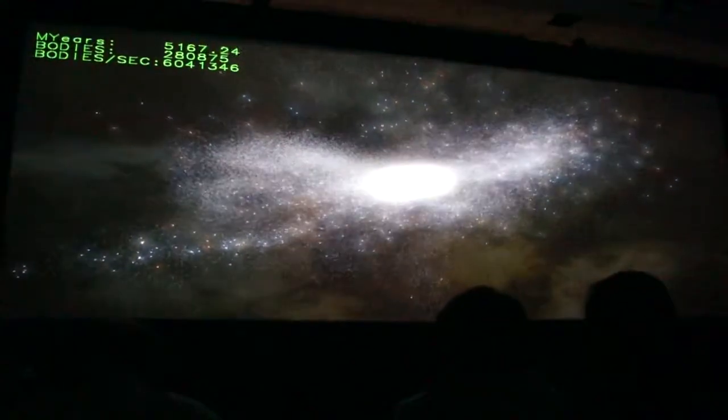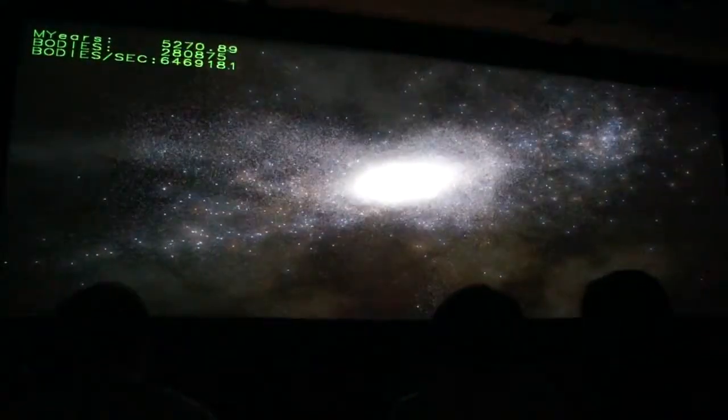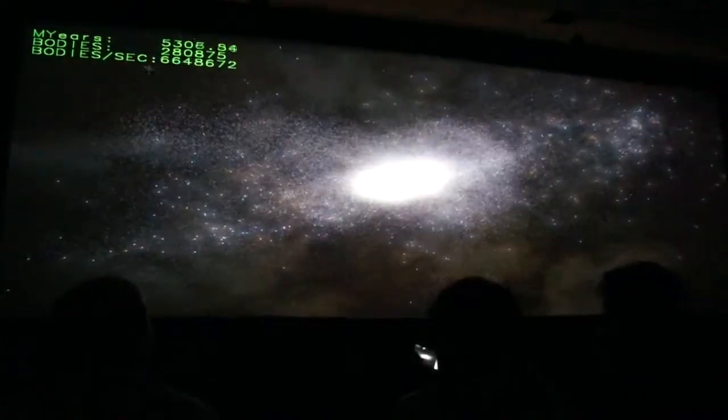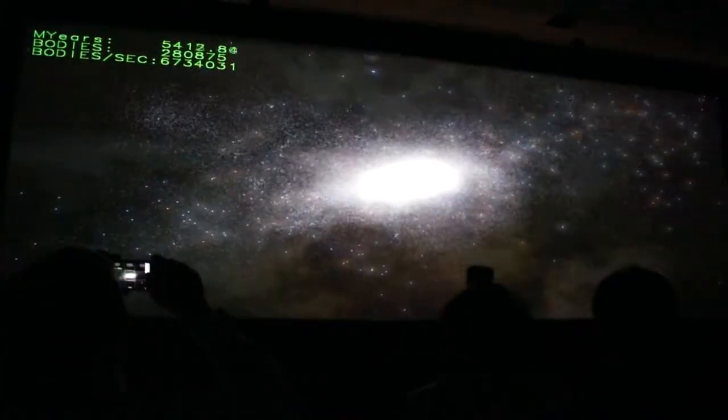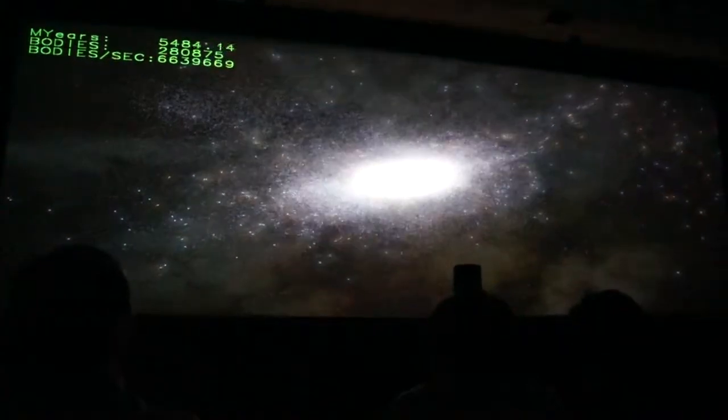But why am I not seeing that? There's something wrong with the simulation. So you actually hit one of the great mysteries of astronomy. Based on exactly these kind of simulations and observations of stars, they realized that the stars in our galaxy and every galaxy we can see are going way, way too fast.